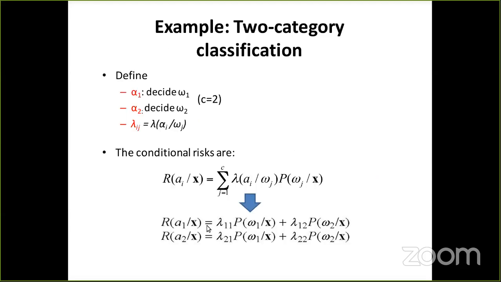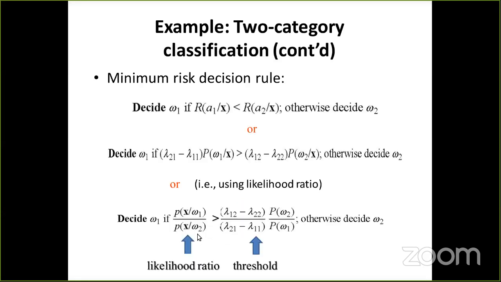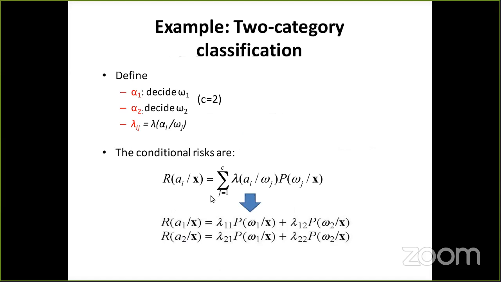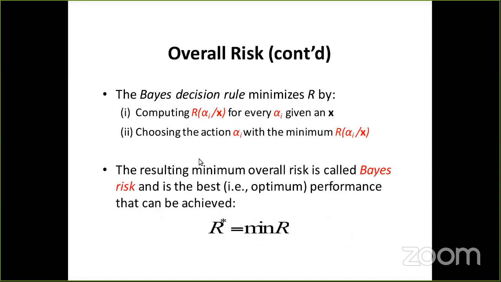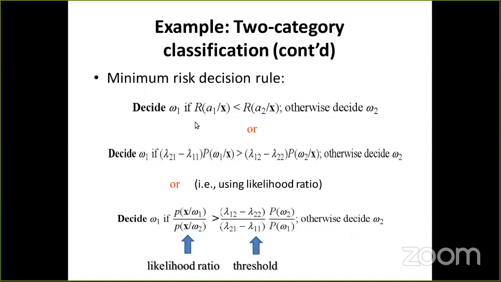So we obtained these two conditional risk terms for taking action A1 and taking action A2. Now our goal is to minimize the risk. To minimize the risk, we will select omega 1 if the risk of taking action A1 is lower. Otherwise, we will select omega 2.